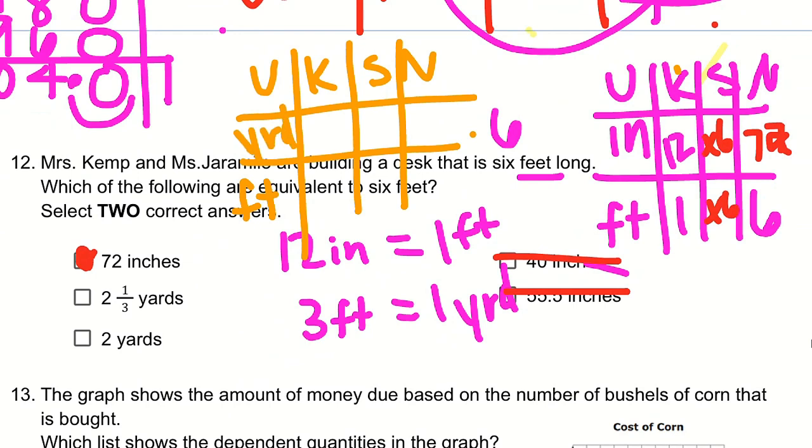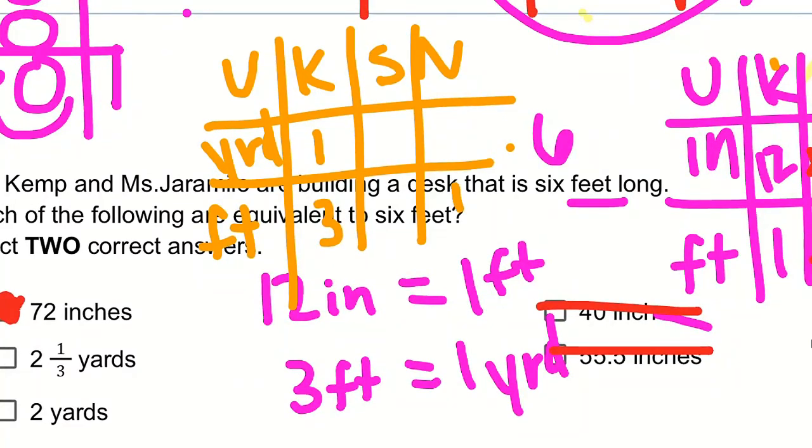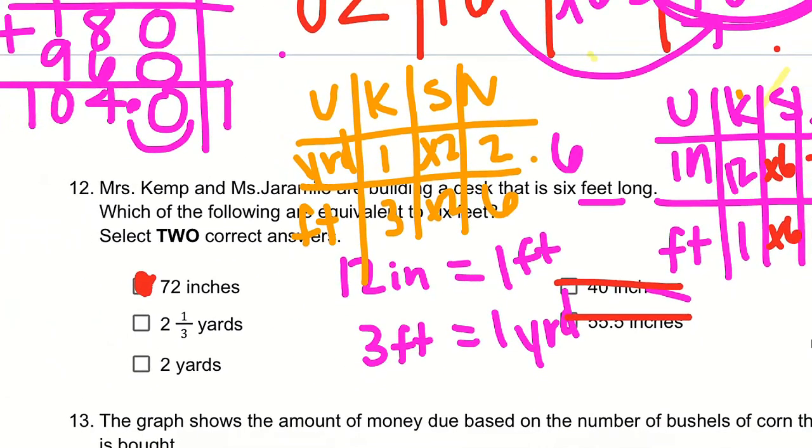From my handy dandy formula chart, we know that there are 3 feet for every 1 yard. And we are trying to get to 6 feet. I get from 3 to 6 by multiplying by 2. So 1 times 2 is 2. That means for every 6 feet, there are 2 yards.